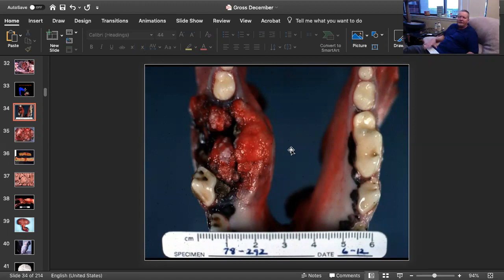This is sort of characteristic of the neoplasms that they used to call the epulides. They have this fine granularity to them. And the one that burrows down into the bone, that aggressively infiltrates but does not metastasize, is what is now referred to as an acanthomatous ameloblastoma.